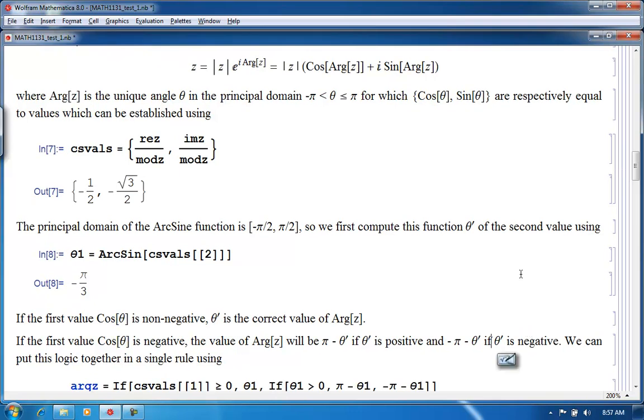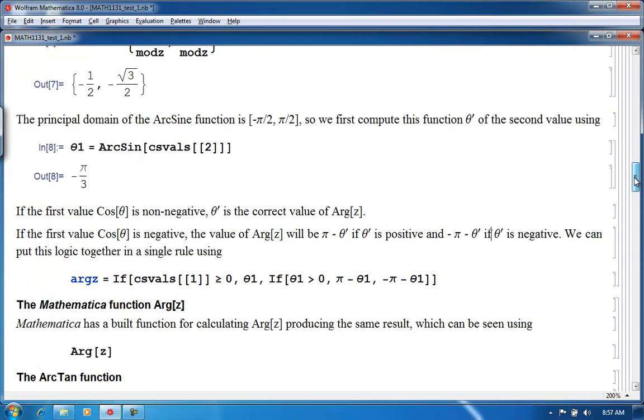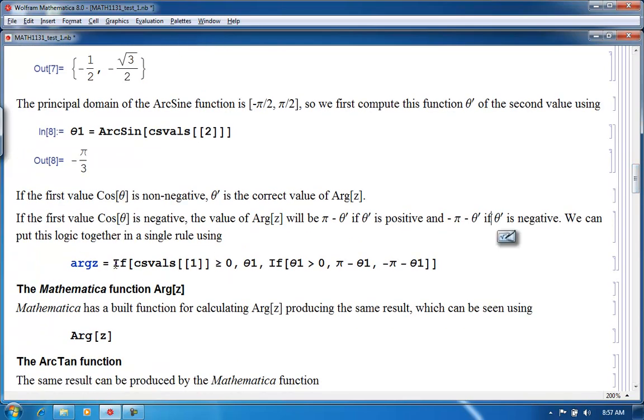And we can put all this logic together to say that arg z is, if the first member, the cos theta, is positive, then the arg is theta 1, and if that's not the case, if theta 1 is positive, then it's pi minus theta 1, otherwise it's minus pi minus theta 1.